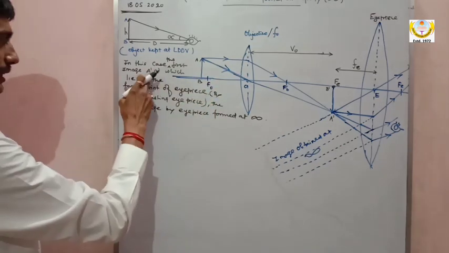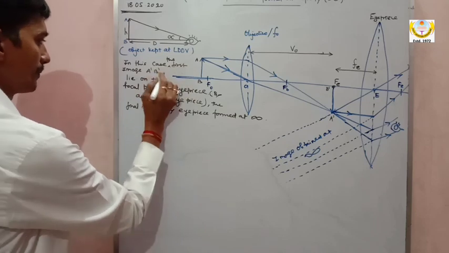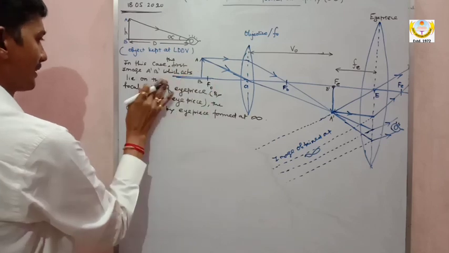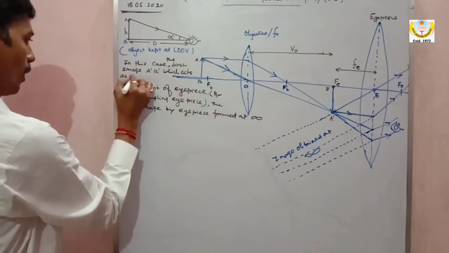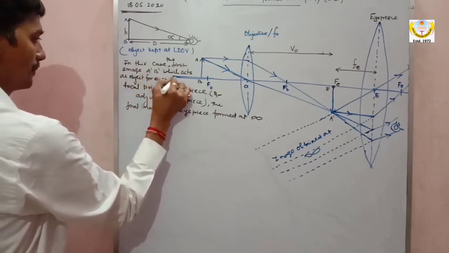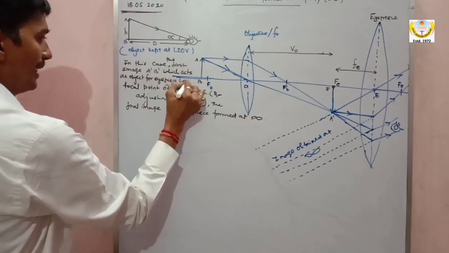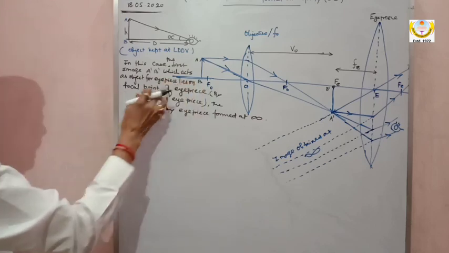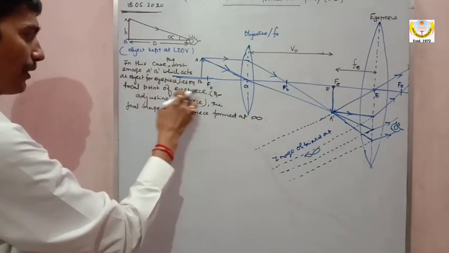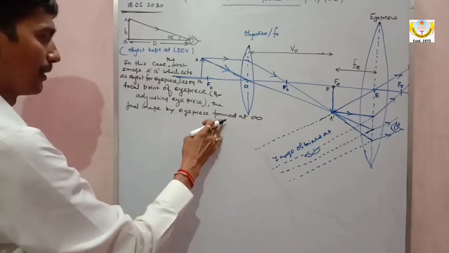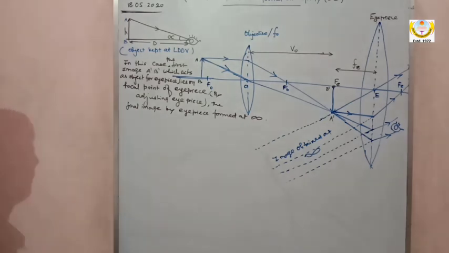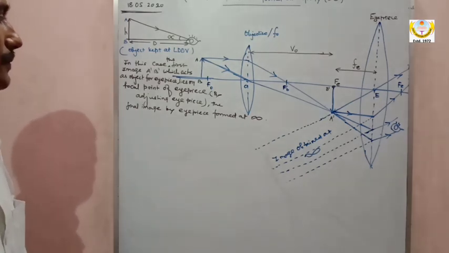So in this case, the first image A dash B dash which acts as object for eyepiece lies on focal point of eyepiece. By adjusting eyepiece, the final image by eyepiece formed at infinity. Am I clear?